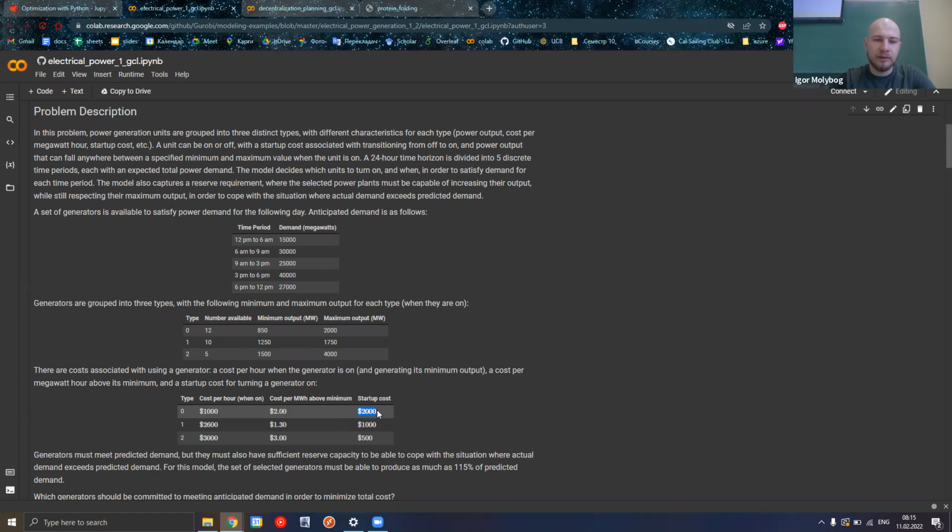So each generator can operate in two settings, being on or being off. You have a 24-hour time horizon, and you have predicted demand for each of the time periods: 12 a.m. to 6 a.m., and then 6 a.m. to 9 a.m., and so on. The demand is in megawatts.